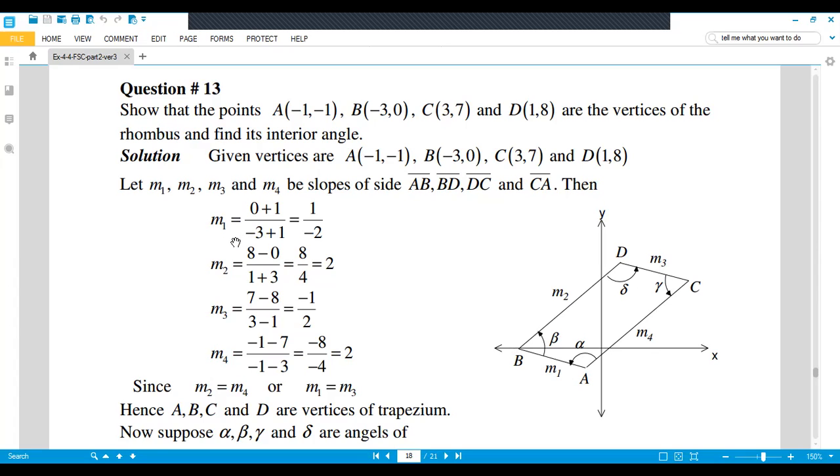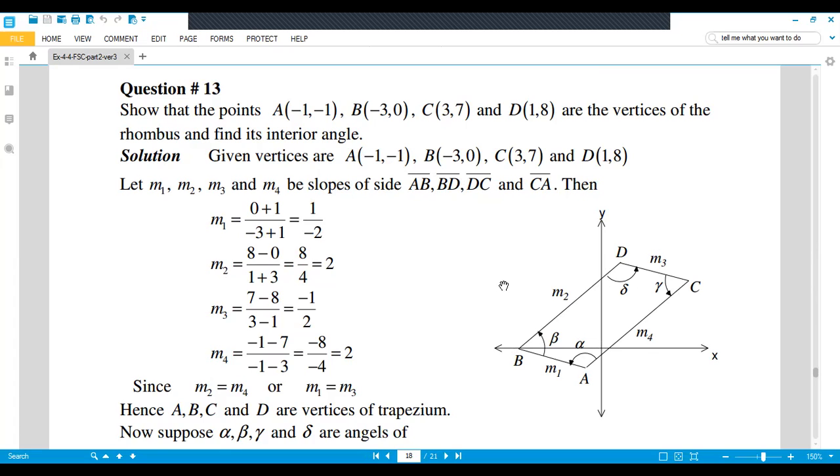M1 is between AB. So for AB, we take the vertices of AB, 0 plus 1, because minus minus plus, 1, minus 3 plus 1, so we get 1 over minus 2. And for M2, you will take the vertices of B and D. How can you get this? When you draw it on graph paper, automatically you know how to draw.